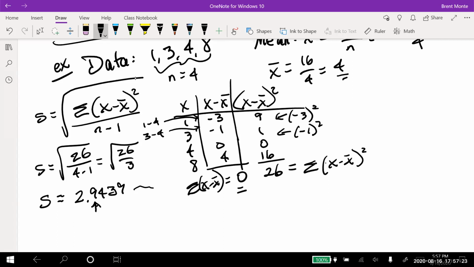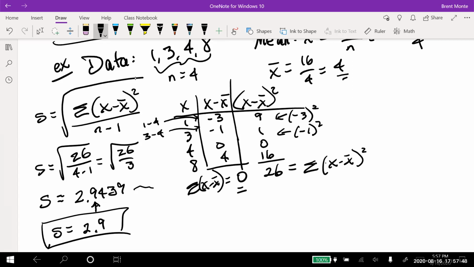So I look at the next number, which is a 4, which is less than 5, so I don't round up. So my sample standard deviation to 1 decimal place is 2.9. Had that been a 2.95 or a 2.97, I'd round up to 3.0. But since it's less than 5, I do not round up. I just leave it at 2.9.